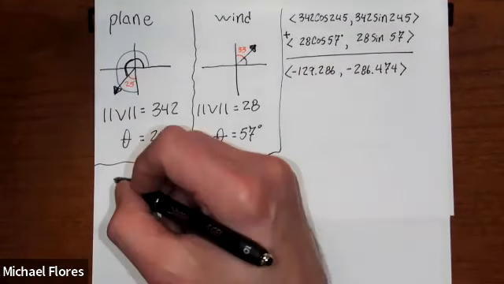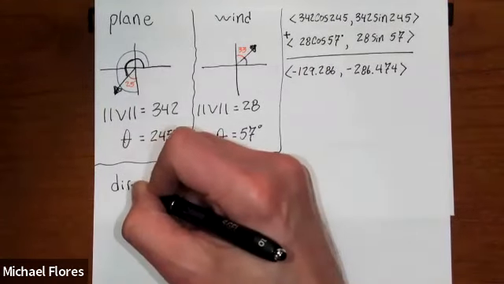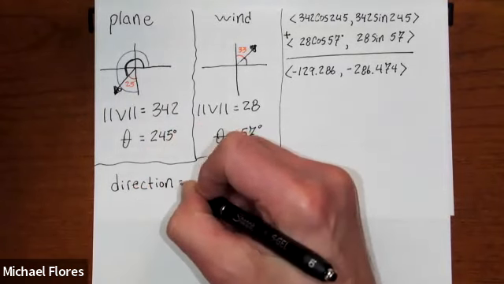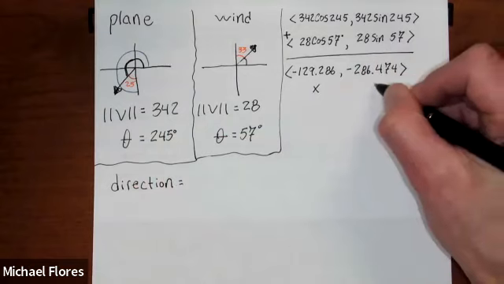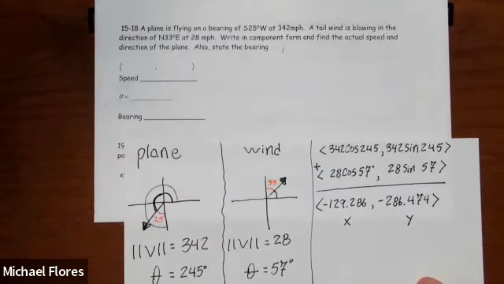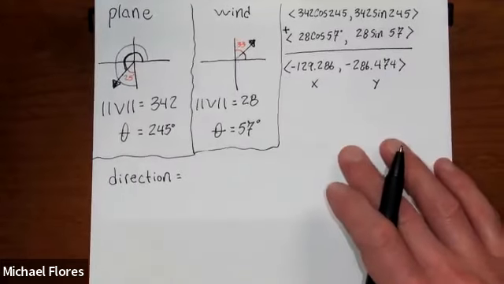In order to find direction, remember, this is our X value, this is our Y value. They want us to solve for speed first.